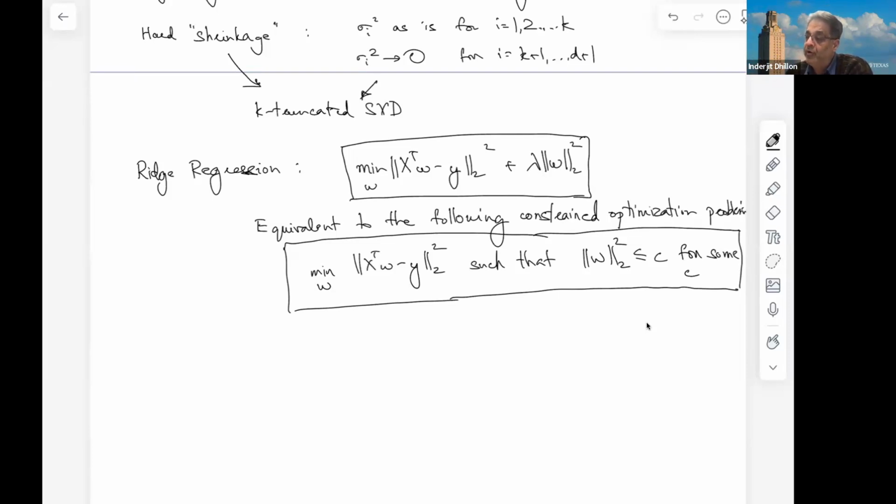Okay, so a geometric interpretation of this above constrained optimization problem.